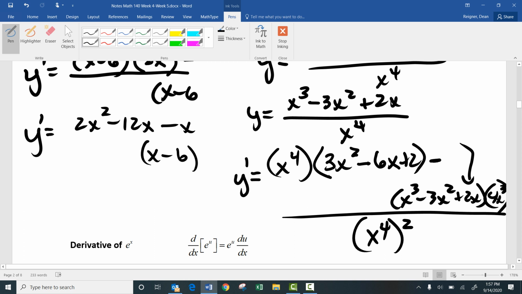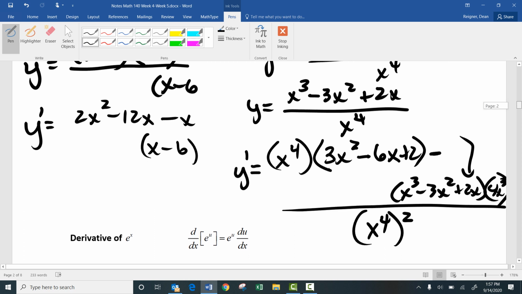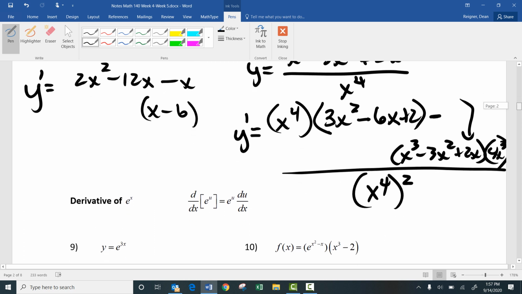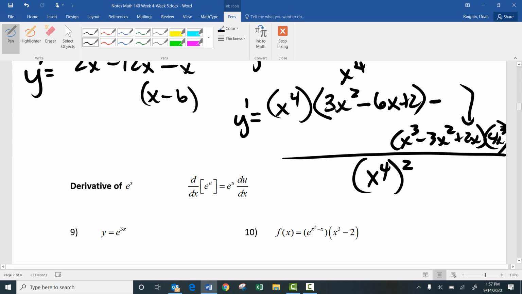Bottom derivative of top minus top derivative of the bottom all over the bottom guy squared. So now you'd multiply all this out on the top, and the bottom you could simplify a little bit by making it x to the 8th.